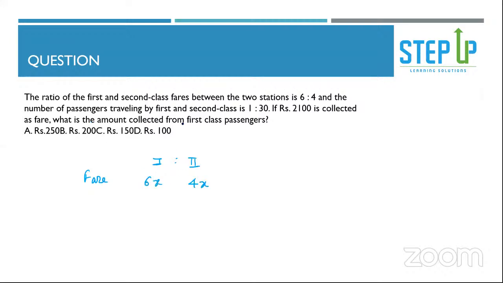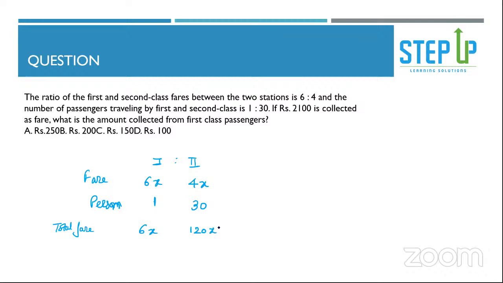And the number of passengers traveling by first and second class is 1:30. So let's assume that one person is traveling here and 30 people are traveling here. So total fare would be what? This will be 6x and this will be 120x.